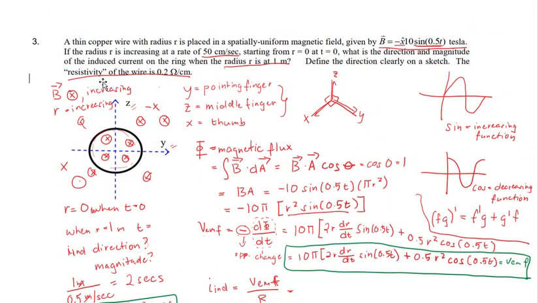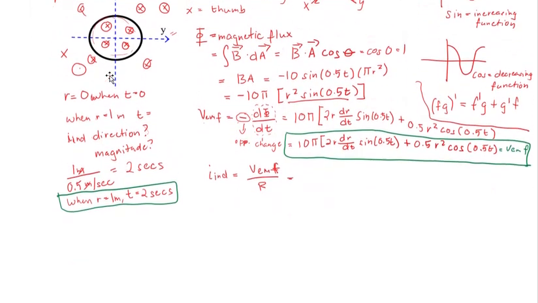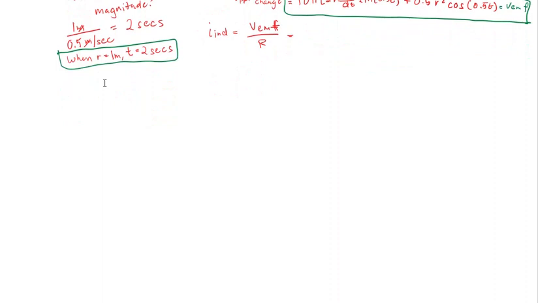We have a resistivity of wire that is 0.2 ohms per centimeter. So what that's telling us is 0.2 ohms per length. But what length?